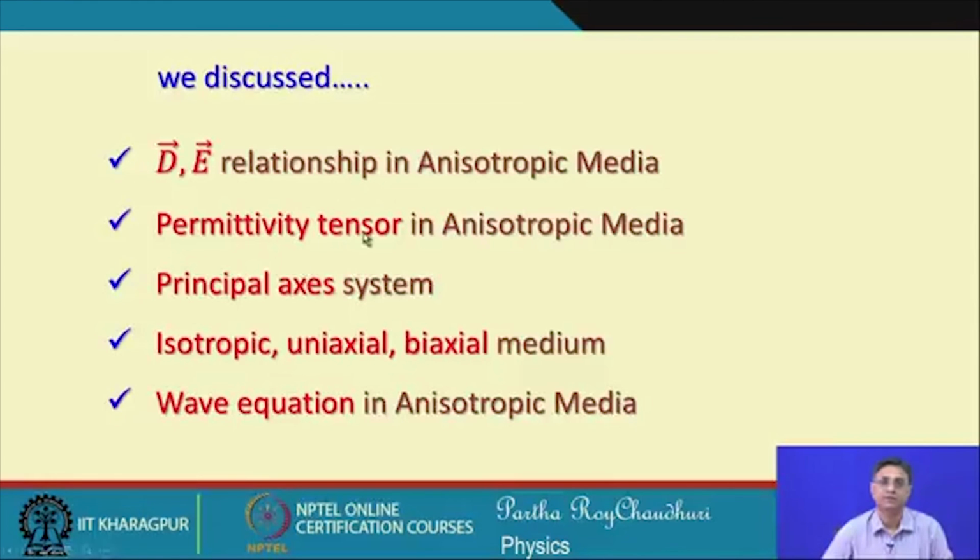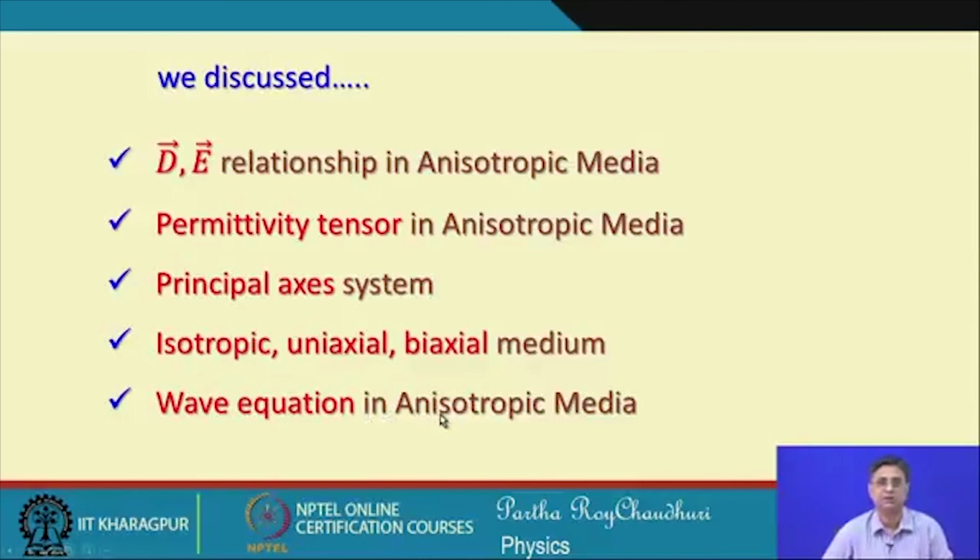From there we have seen, in a very special situation, that for a set of orthogonal coordinate axes characteristic of the medium, we could locate the principal axis system and the values of the permittivity in that principal axis system. Then we made a small comparison of the isotropic, uniaxial and biaxial media. Then we talked about the wave equation in anisotropic medium.